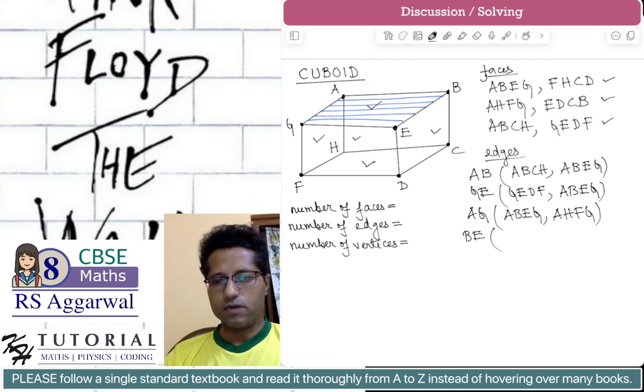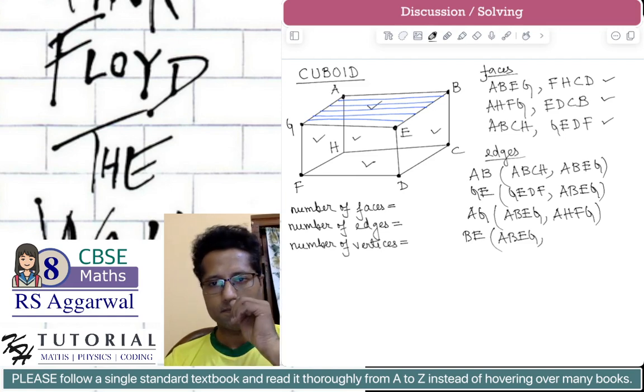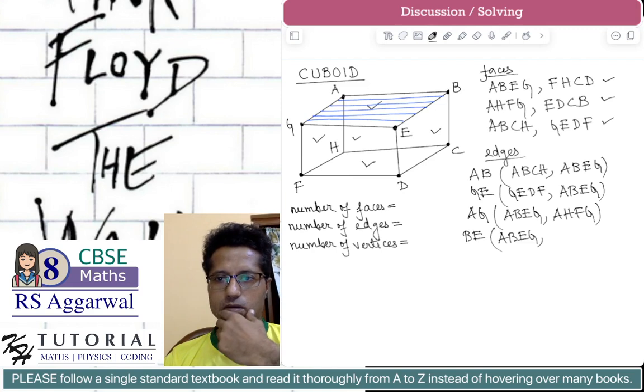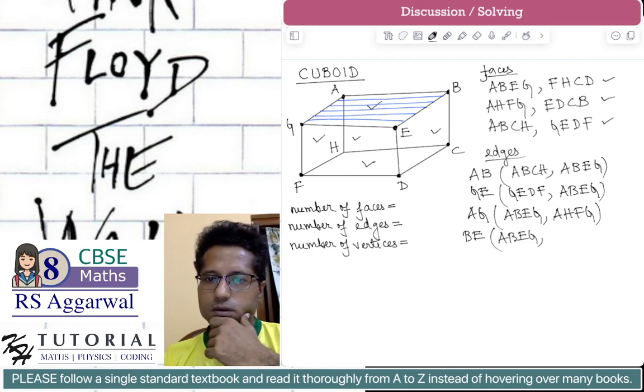Okay, let's consider the edge BE. What are its common faces? That is the two faces that meet at the common edge BE. One must be ABEG. Now another one must be BC... where is the face?